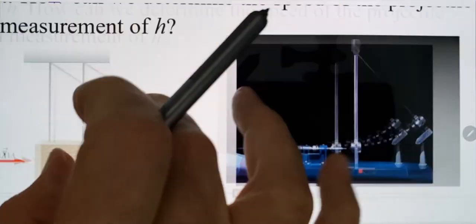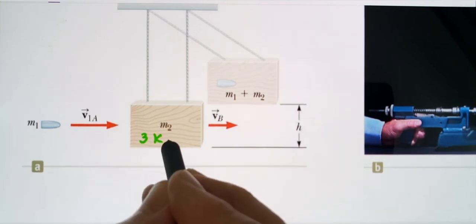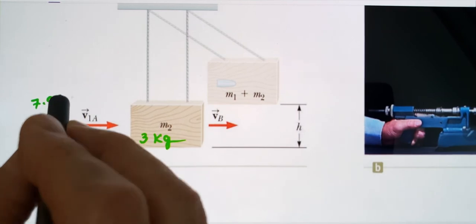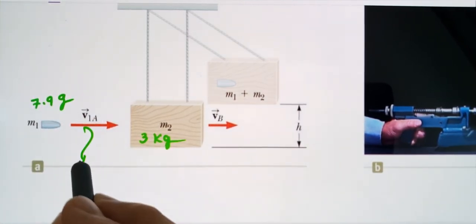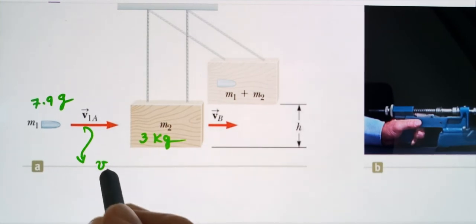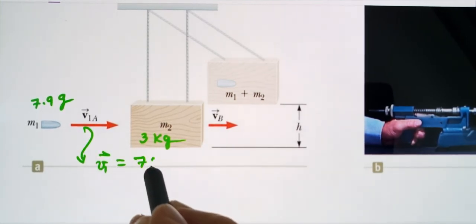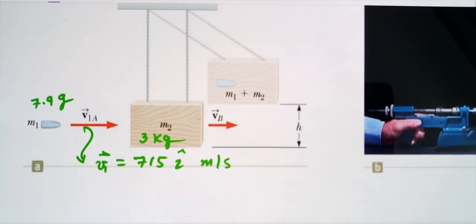So here is 3 kilograms for the block, 7.9 grams for the bullet, and for the velocity, 715 meters per second.